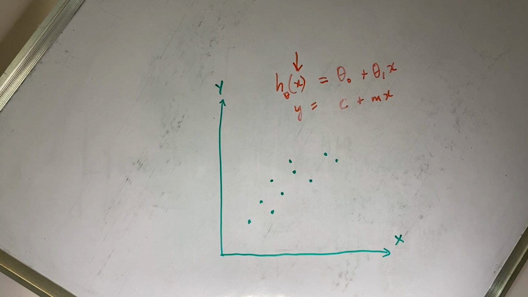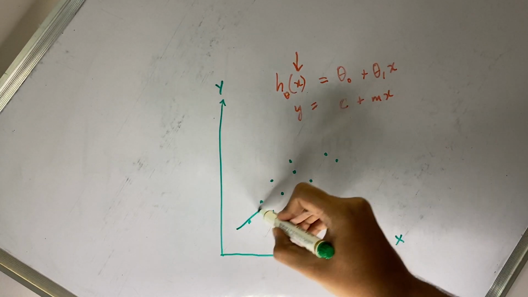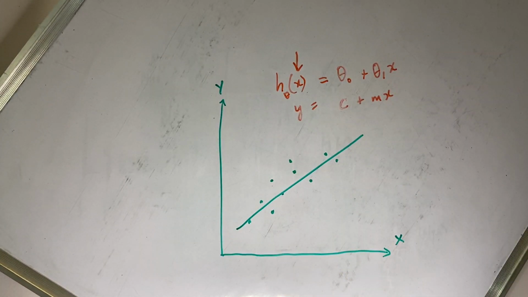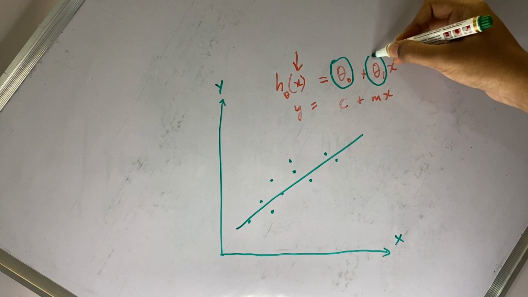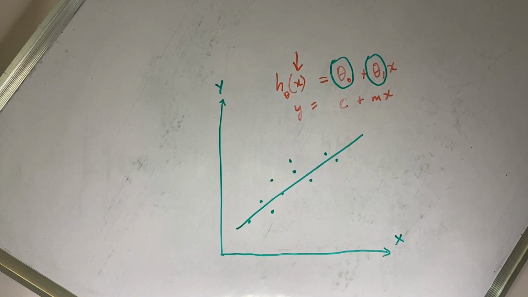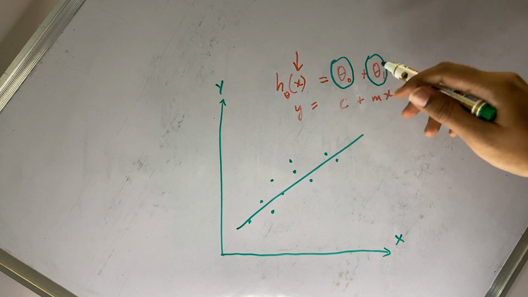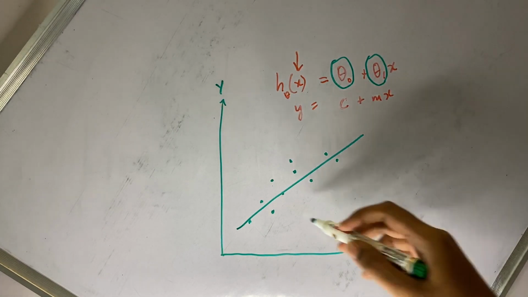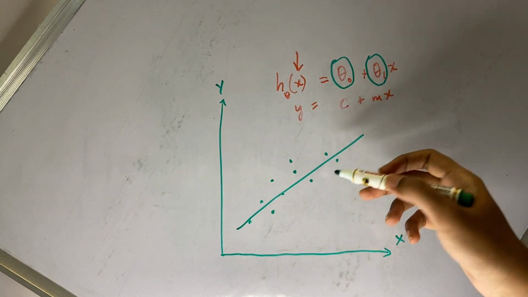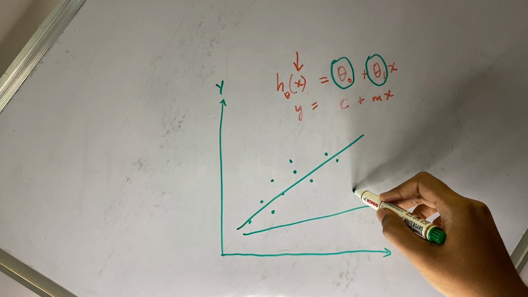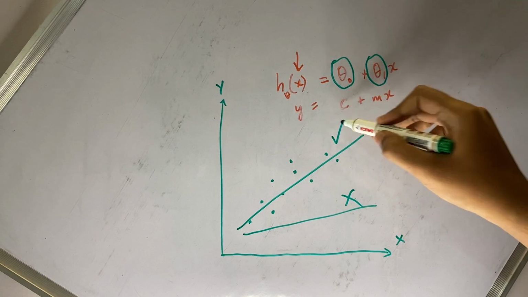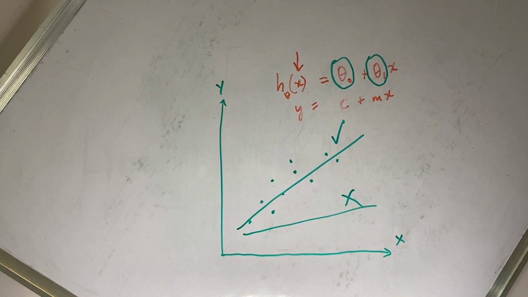If our hypothesis is good enough, it fits the data very well. That totally depends on the two parameters, theta 0 and theta 1. If these two parameters are not optimized, then the line could be somewhere else, like this. This is not a good hypothesis for us. This is a good hypothesis.